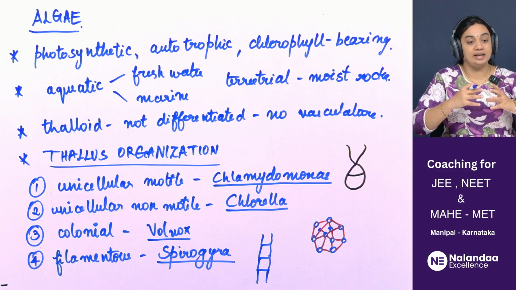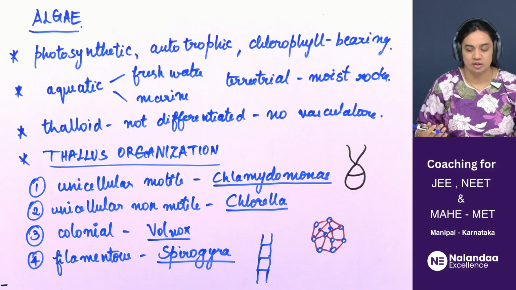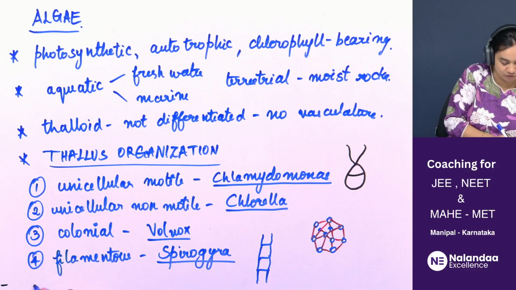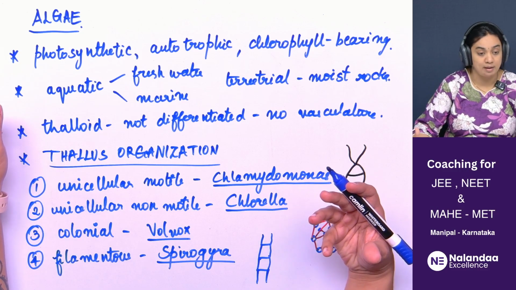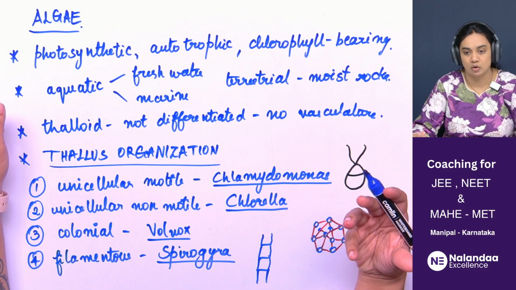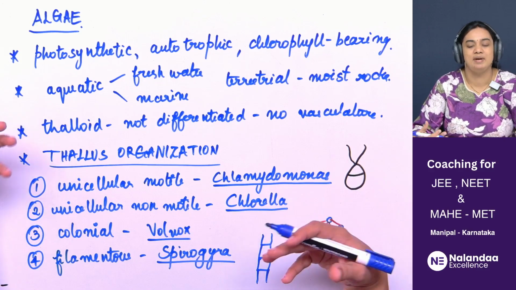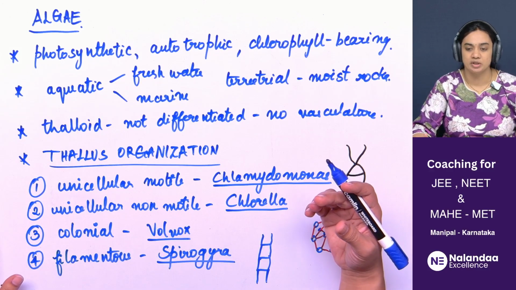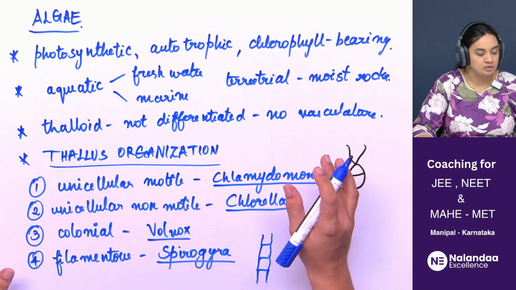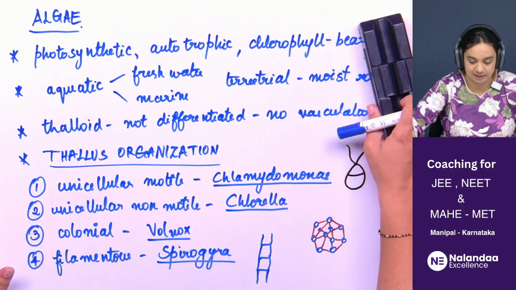The algae looks like long thread-like structures that are tangled with each other. So filamentous thread-like structures. And finally we have large, massive plant bodies like kelps. Those will be divided into root-like, stem-like, leaf-like structures. Those are massive seaweeds which you usually find in oceans. So this is about thallus organization in algae.